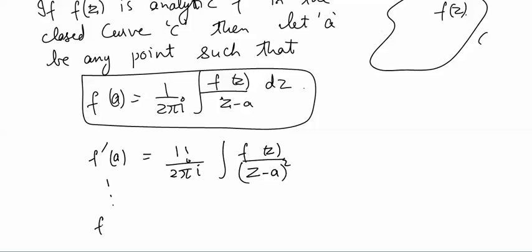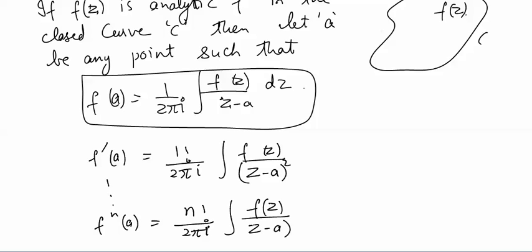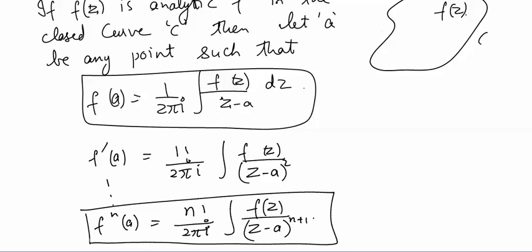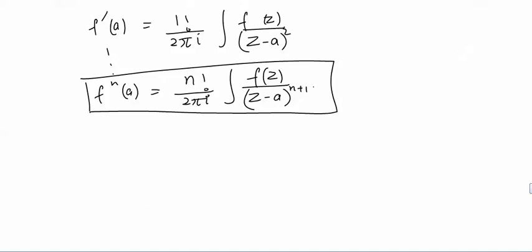And if you extend it to the nth derivative, it will become nothing but n factorial upon 2 pi i times the integral of f(z) upon (z minus A) to the power n plus 1. This again can be generalized, right? Now I'll tell you how examples are basically asked on this particular fundamental.